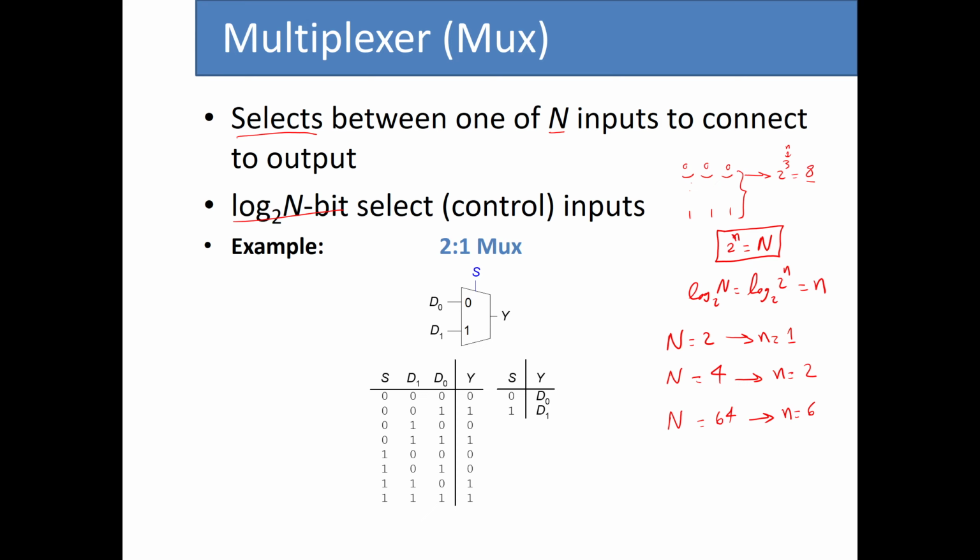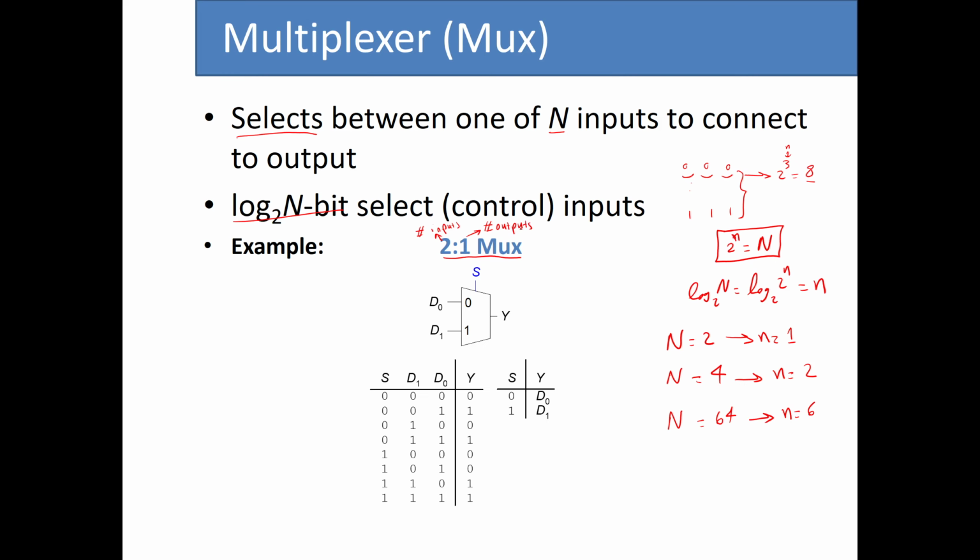So let's just take a look at a basic multiplexer that gives us the capability to choose between 2 inputs. So we have here 2 as the number of inputs, and then we have 1 which is the number of outputs.